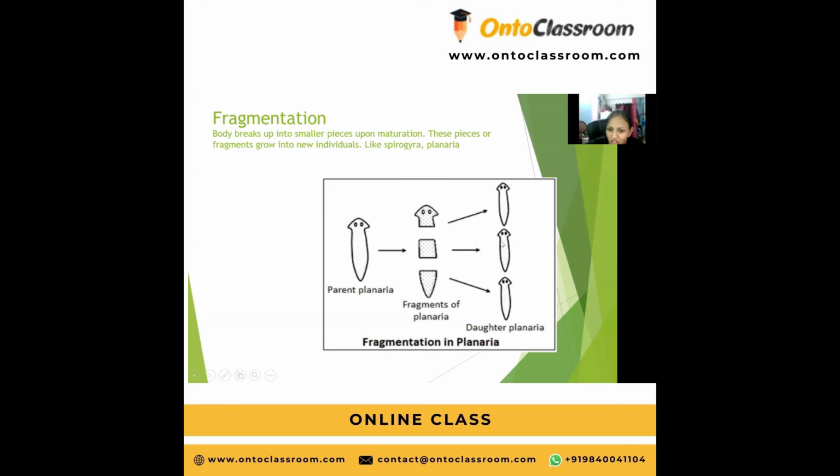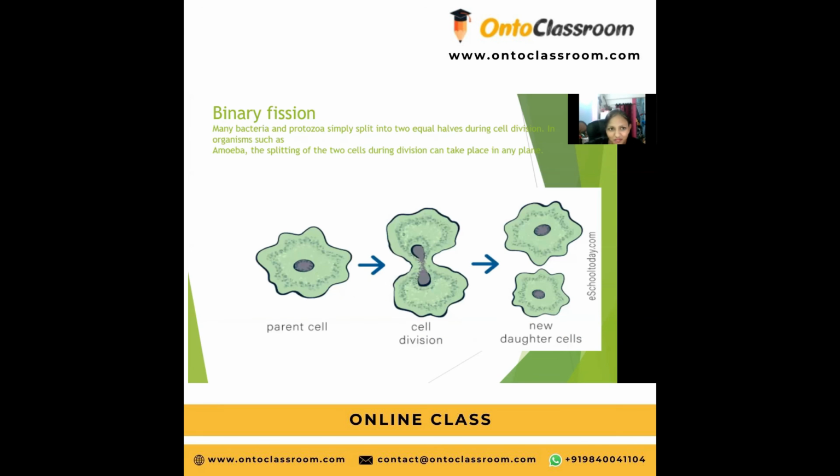They are called the daughter cells, and this is called the parent cell. These daughters are formed by fragmenting the one body, or you can say by division taking place within the body. So this is known as fragmentation.